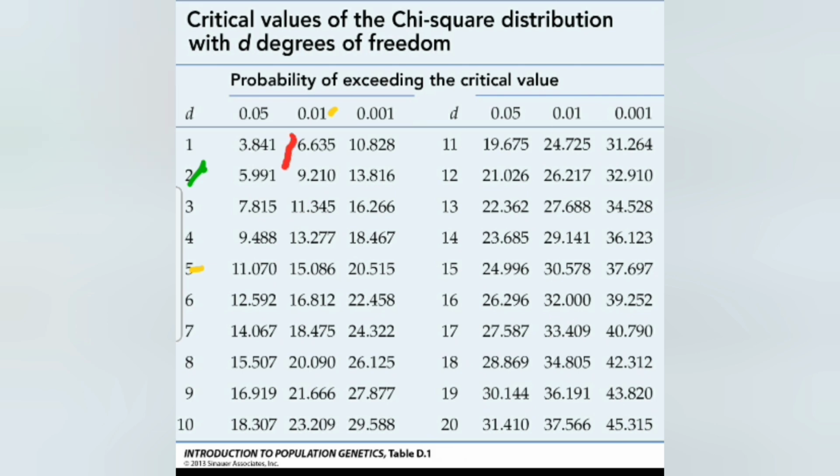You're going to stop at 9.21. That is the critical value for a level of significance of 1% and a degree of freedom of 2.